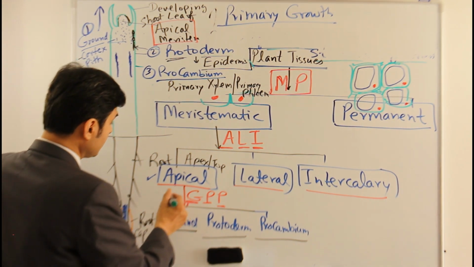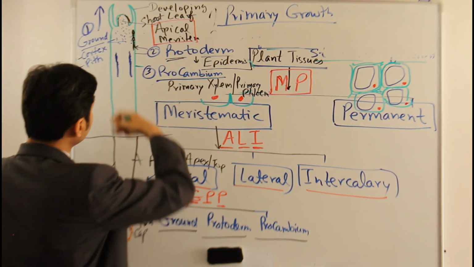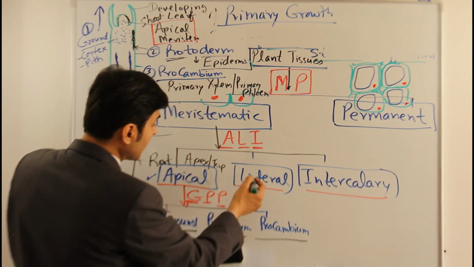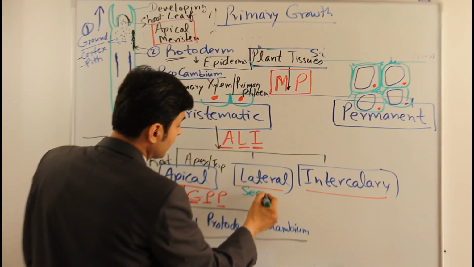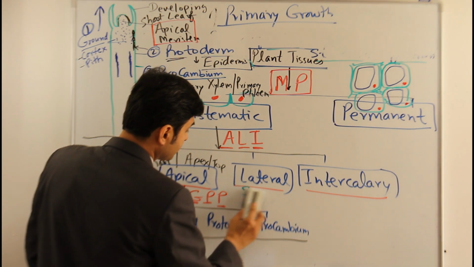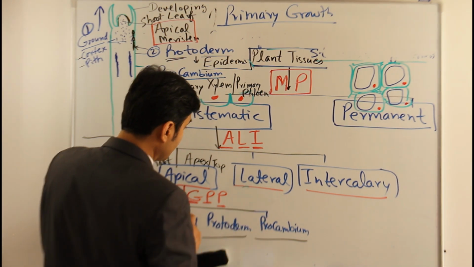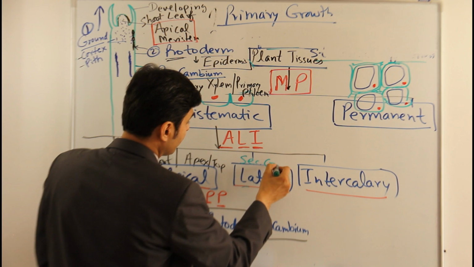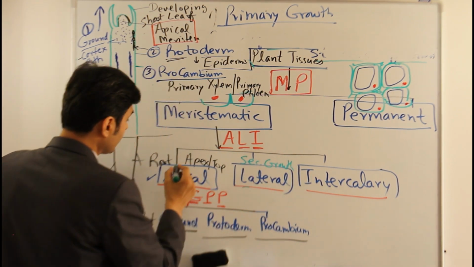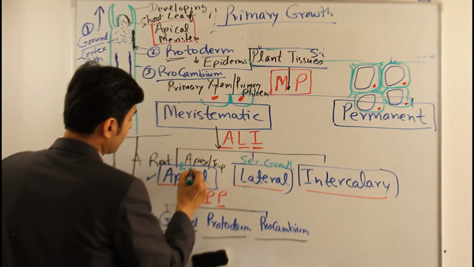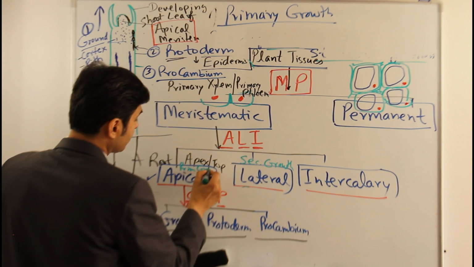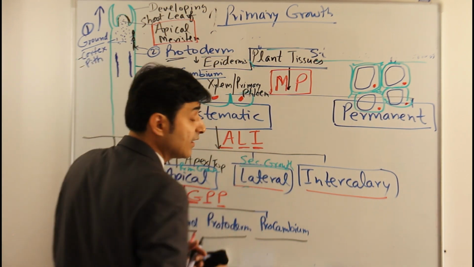So apical meristem is responsible for primary growth, we have seen that, and lateral meristem is important for secondary growth. Lateral meristem shows secondary growth. This one shows primary growth, secondary growth by lateral meristem.